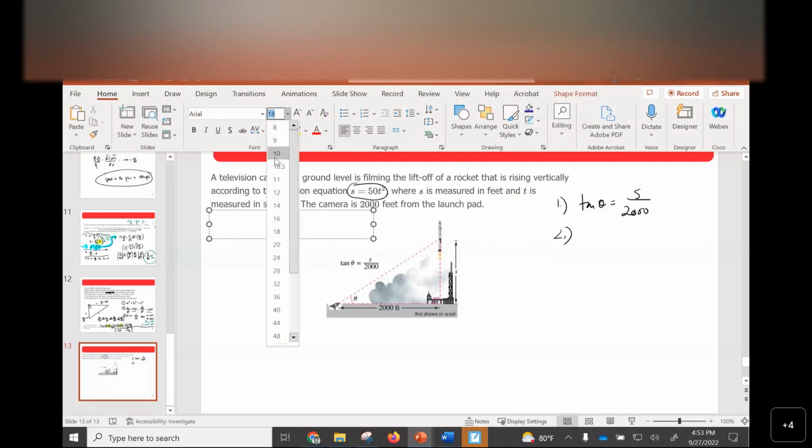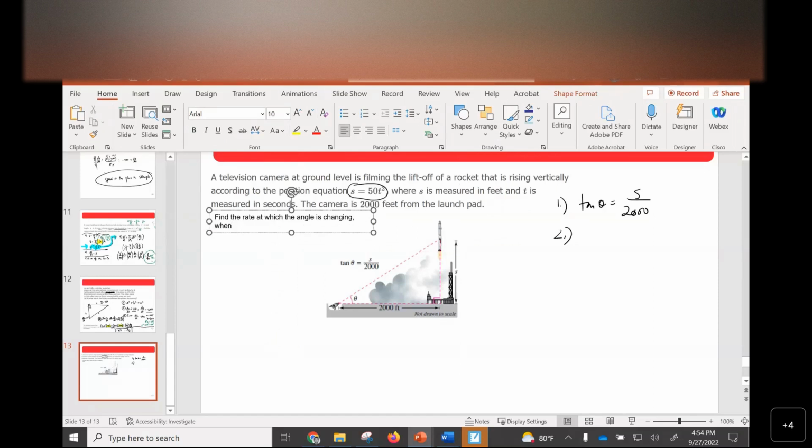Let's see. Find the rate at which the angle is changing when, and then I got to give you some information, right? I got to give you some moment in time, either a moment in time t, or I could say when s is 20,000 feet high.